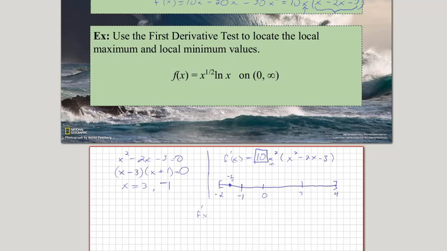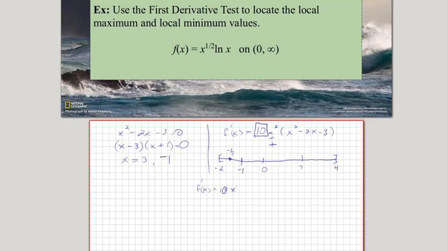So f prime of x is x squared, x minus 3, and x plus 1. Now, x squared is always positive, so I'm going to ignore it altogether. If I plug in negative 3/2 here, I get a negative, and if I plug in negative 3/2 here, I get a negative. So that tells me to the left of negative 1 is going to have a positive slope.